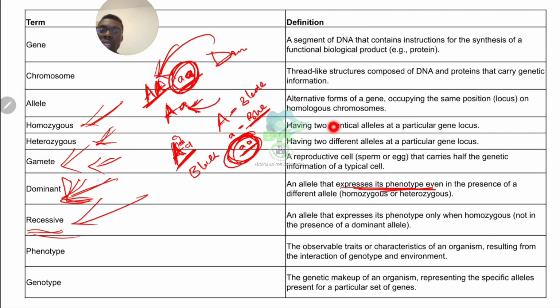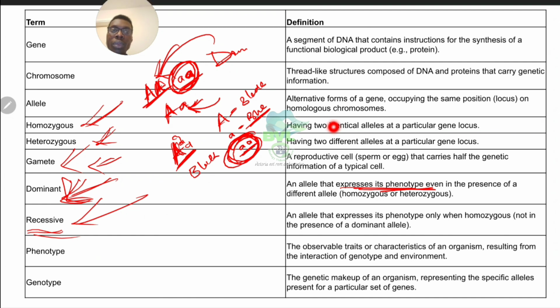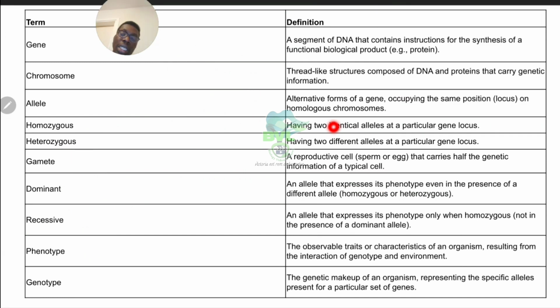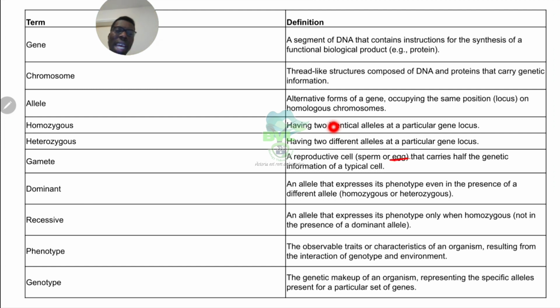Then, of course, gamete simply means reproductive cell, which can be the male gamete, which is sperm cell, or female gamete, which is the egg cell, or ovule in plants. We can also use egg in plants, but that's not for the moment. So phenotype just talks about the physical appearance of an organism, the observable trait, what you can see.